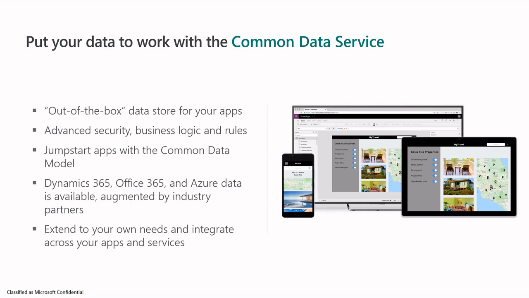It is a fully managed, secure database that has Microsoft data from Dynamics 365, Office 365, and Azure pre-populated. It also supports the Common Data Model, which includes a well-defined schema for various industries or verticals, which is part of a broader open data initiative.